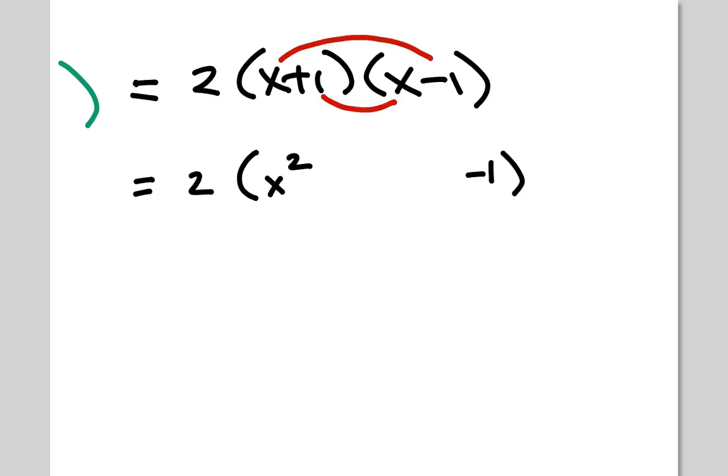So times and collect. What is it? Speak loud. Yeah, but tell me each term. Good, 0x. And what do you notice? Is this a difference of squares? Yeah. So that should be quite easy to expand, because the middle term disappeared.